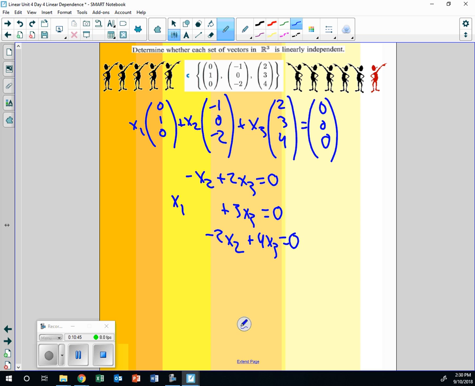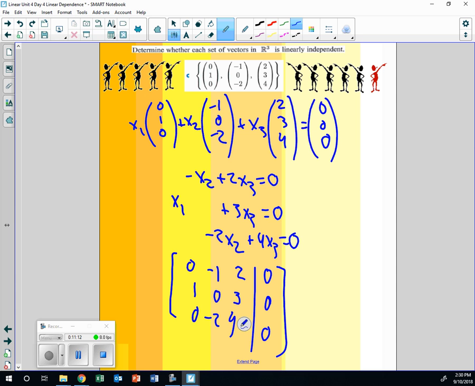Want to do this the easy way or the hard way? Hard way? All right. I like your spirit. The hard way is to put this into a matrix of (0, -1, 2), (1, 0, 3), (0, -2, 4), and do an augmented matrix and do a reduced row echelon form.